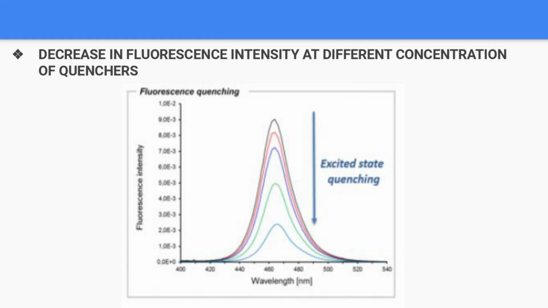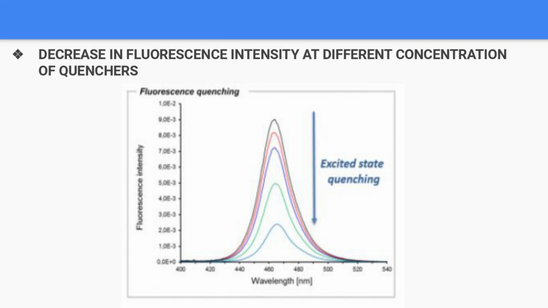This is a plot showing fluorescence intensity at different concentrations of quencher. You can see many bell-shaped diagrams there. The y-axis is fluorescence intensity and the x-axis is wavelength.